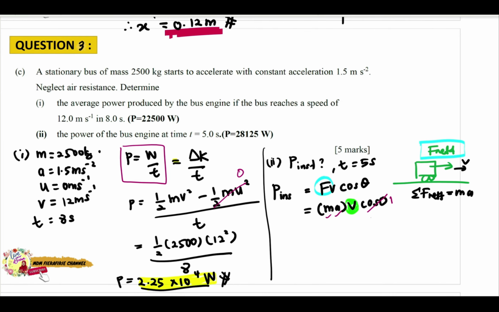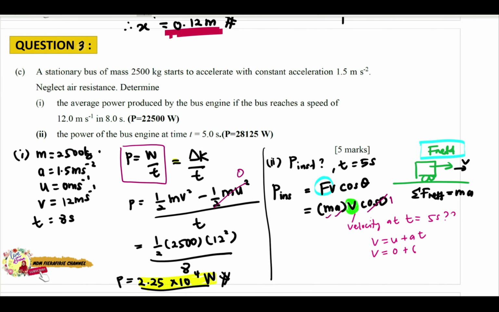Okay. Ni saya tebalkan sikit. So what is the velocity at T is equal to 5 second? Kita tak tahulah. So, kita boleh kira. Okay? So, kita boleh kira V dekat situ. Macam mana kita nak kira? Maybe you can use equation V is equal to U plus AT. So, at T is equal to 5 second. Okay?